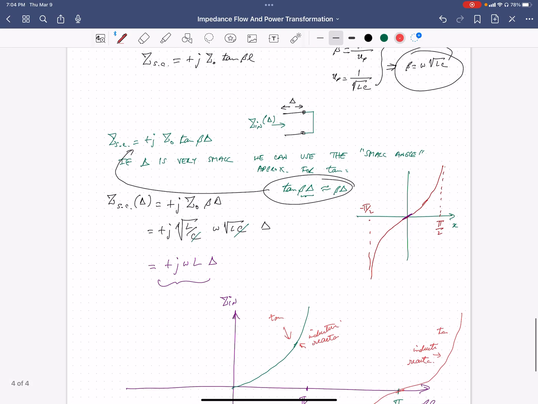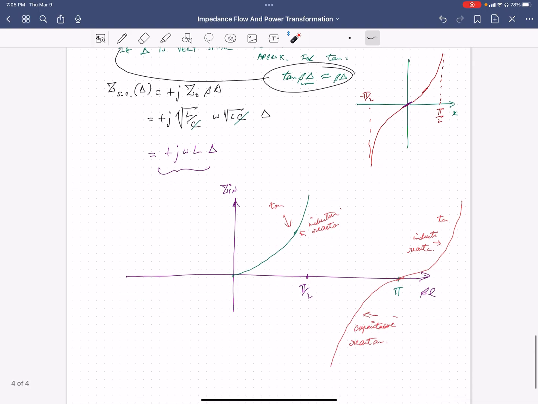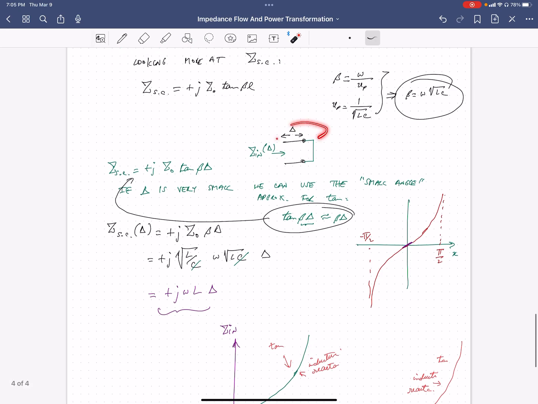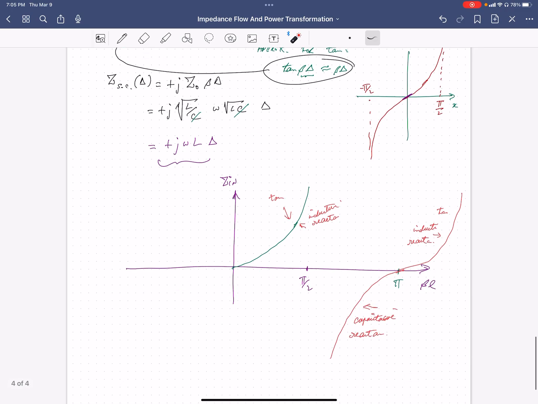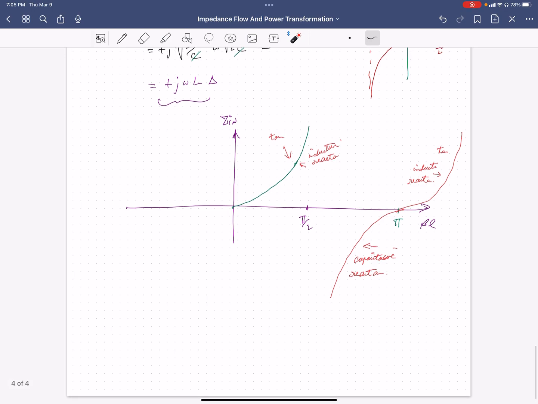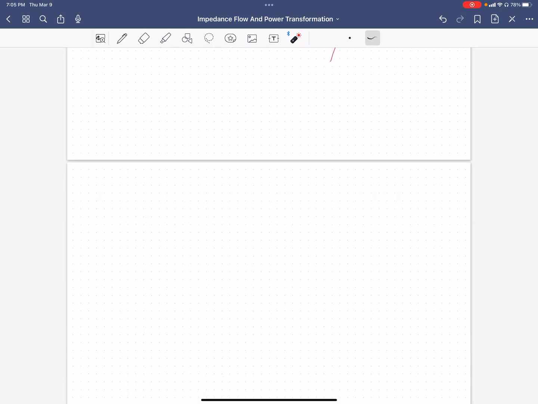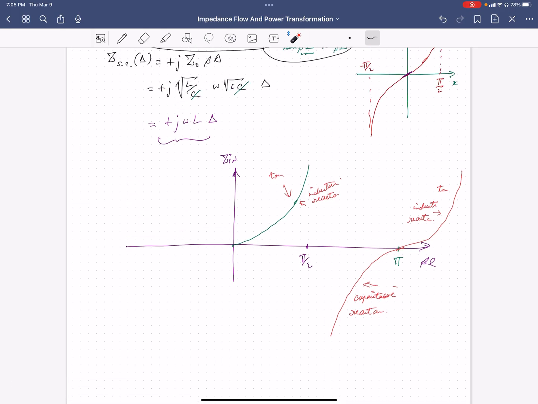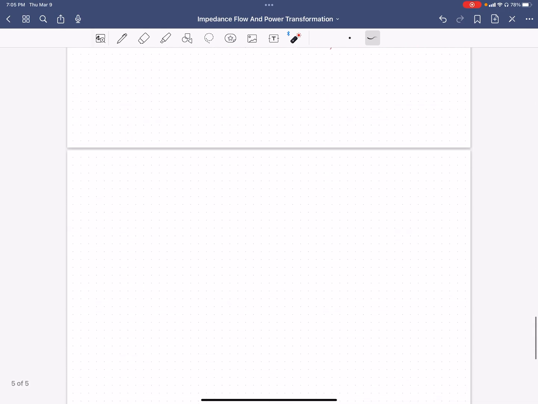So with this short-circuited transmission line, from the input impedance's point of view, you look like a pure inductor in the case of a short circuit. Then at some length, you'll look like you have a purely capacitive input impedance. And then it turns into a purely inductive reactance again. So it cycles through looking inductive and looking capacitive depending on the length.